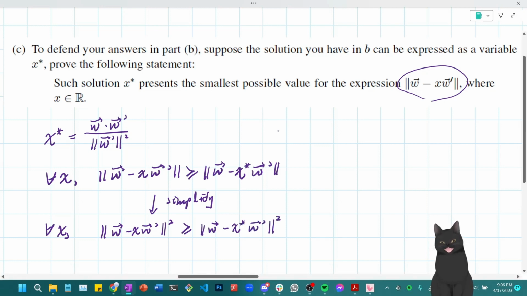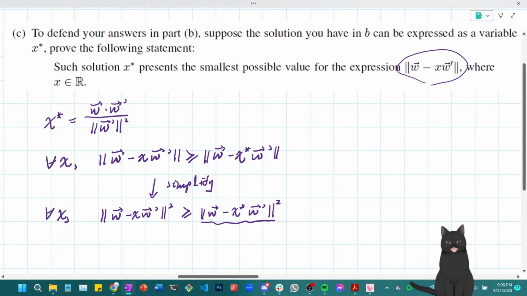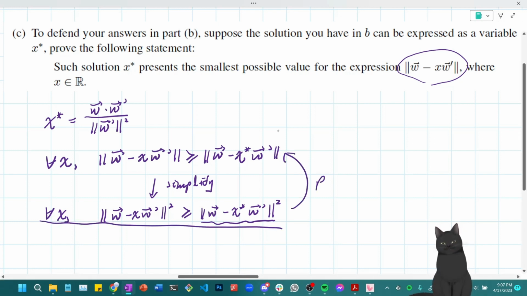The reason is that the length is always positive or 0, which means I don't have to worry about the case where maybe the length of a vector is -1 and squaring reverses the sign of the inequality. So we'll be proving this simplified prompt from now on to prove the original prompt that we have here.